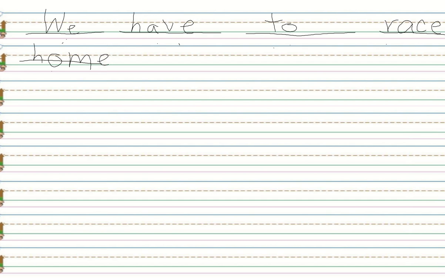And we have to race home. This is an excited sentence, so we're going to use an exclamation mark. Now we rewrite it. We have to race home. There we go.